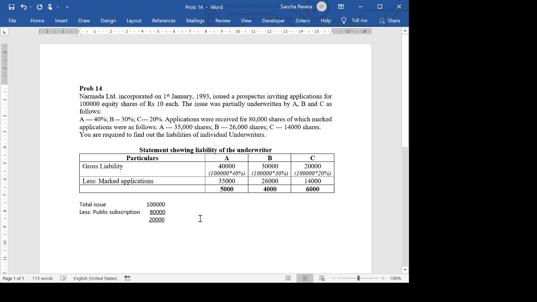So out of 20,000 shares, 15,000 will be taken up by the underwriters in total, and the remaining 5,000 shares will be the responsibility of the company.